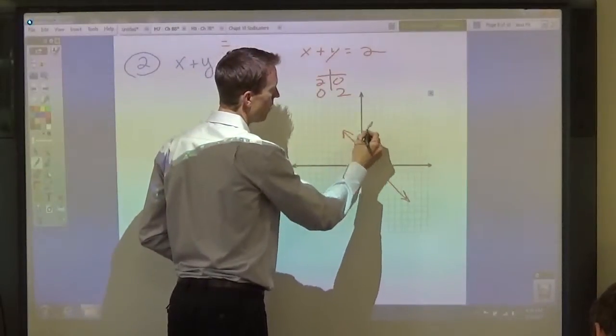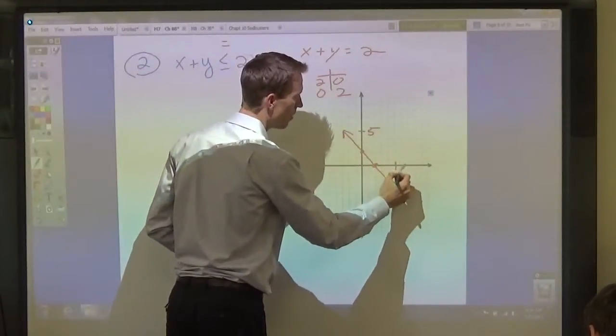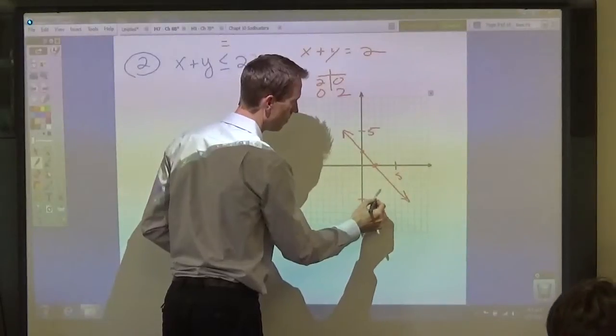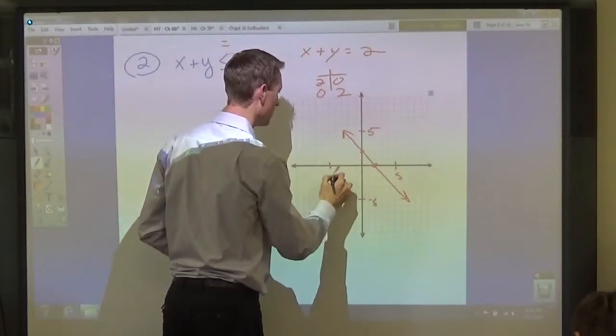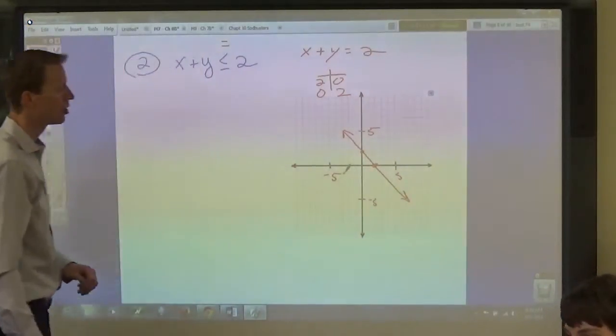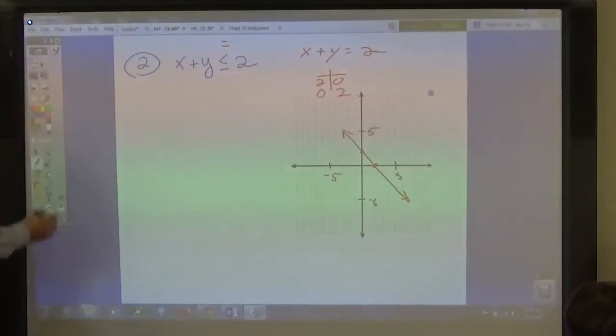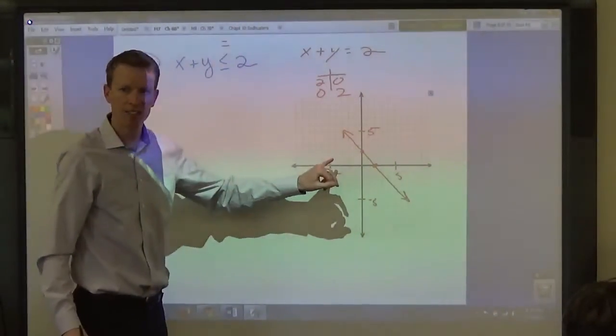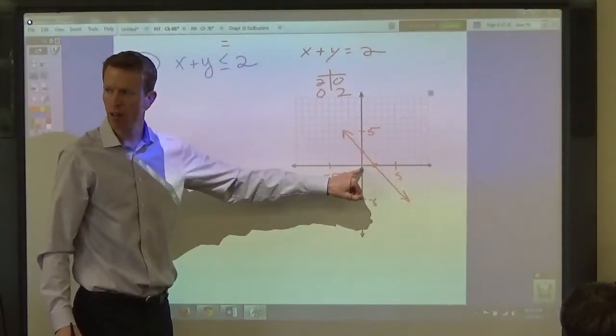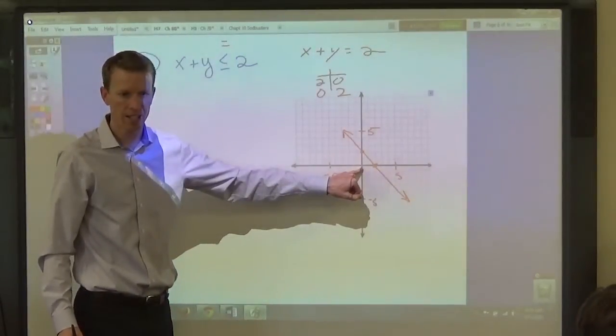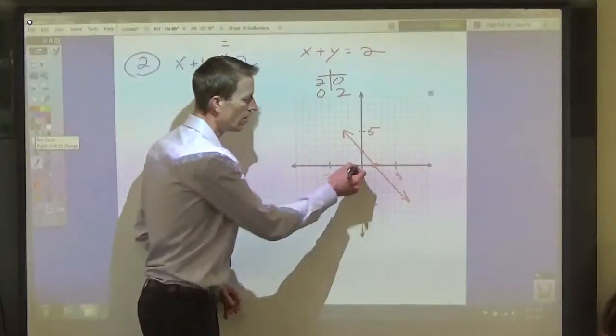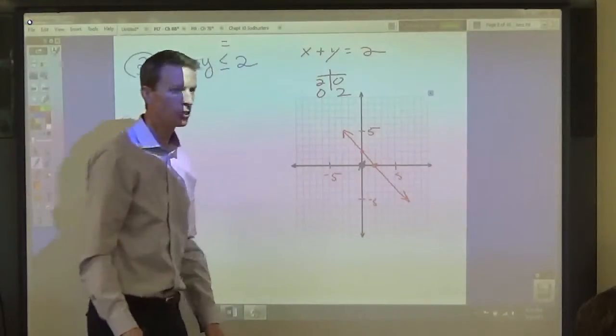Again, here's 5. We always have to number our graphs. Now, which side should we shade? Well, in this case, (0, 0) is one of the points, isn't it? So, let's put (0, 0) in to see if it's true.